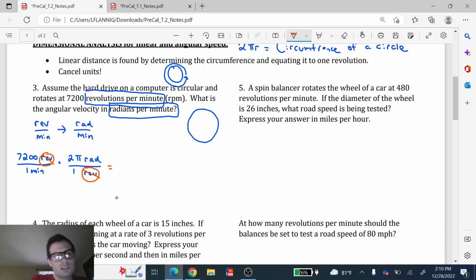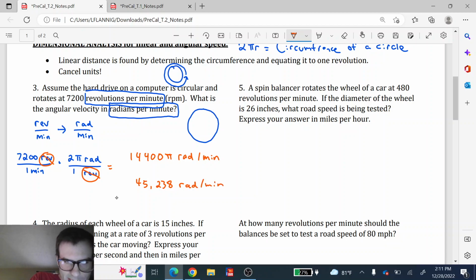So 7,200 times 2π ends up being 14,400π radians per minute. And if you wanted to multiply the π and the 14,400 together, you would get, not 14,000, my bad, 45,238 radians per minute.